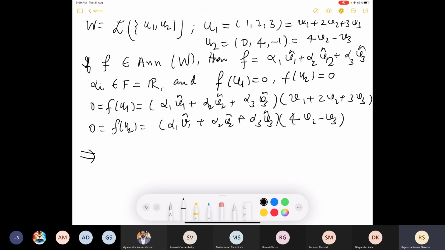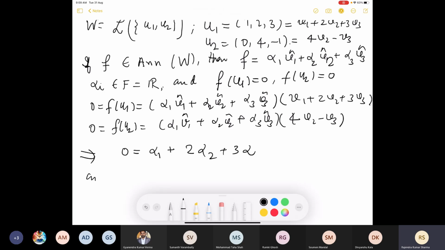For f(U1), if you open the linear combinations, only one term will come corresponding to each V. So this will be alpha 1 V1 hat applied on V1, and when V1 hat is applied on all the others, this will give you 0. So the first equation is alpha 1. Now alpha 2 V2 hat applied here gives 2 alpha 2, and this will be 3 alpha 3.